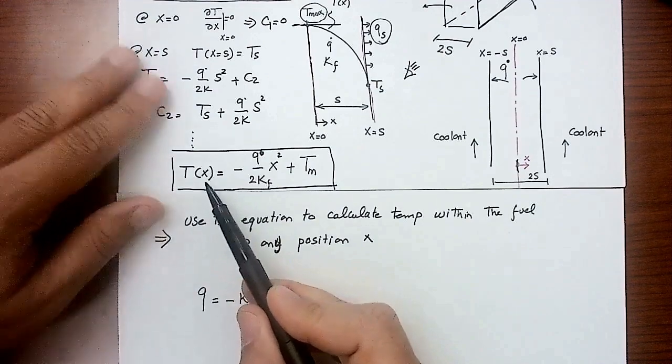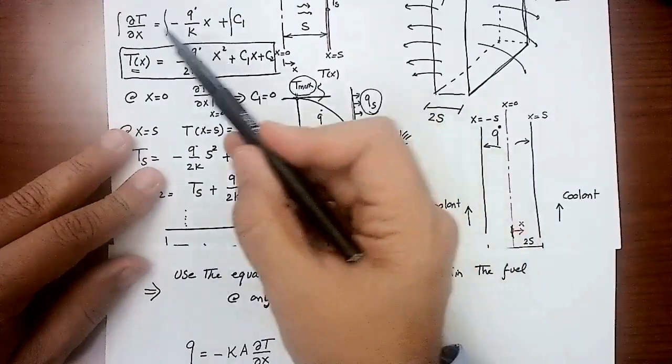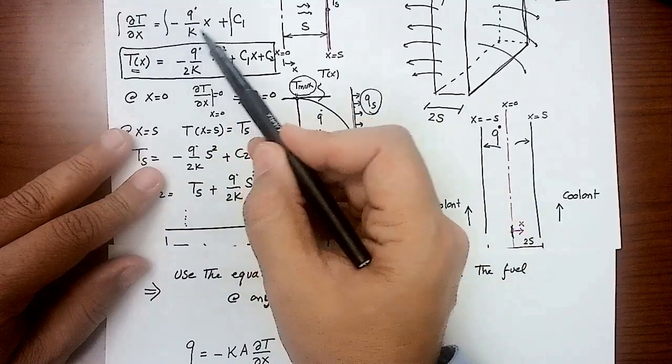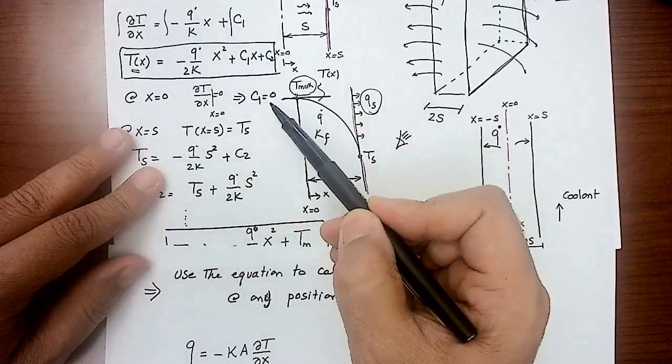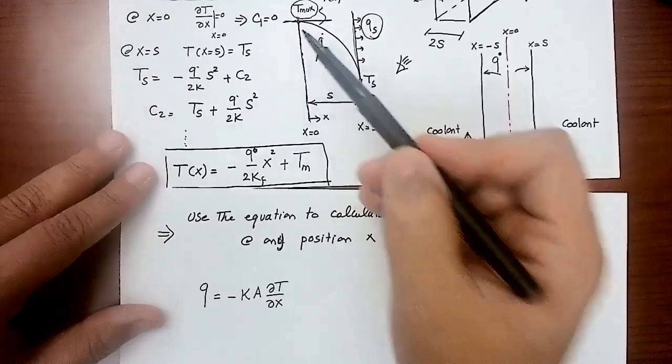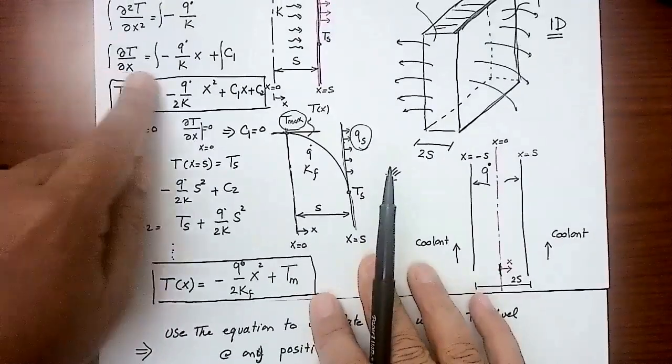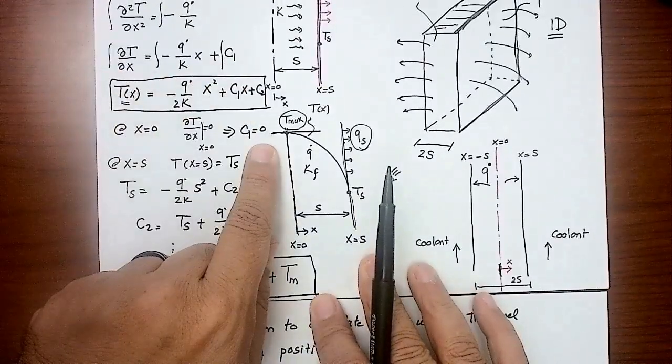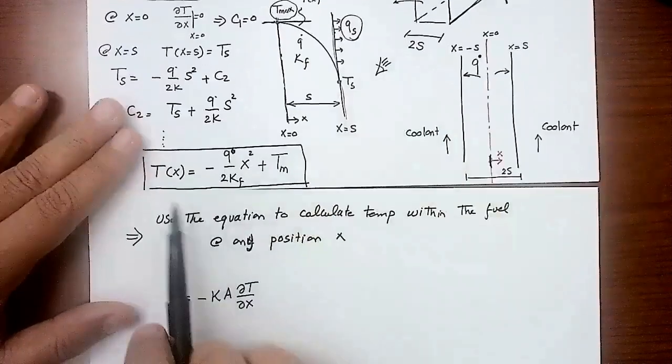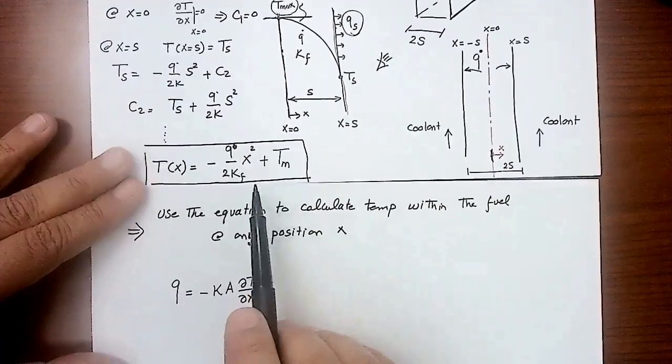Okay? If you go a few steps back, partial T by partial X was minus Q dot over K times X plus C1, and C1 was 0. So I can actually get partial T by partial X either by going back a few steps and put C1 equals 0 based on that boundary condition, or you just make a derivation for this equation, right?